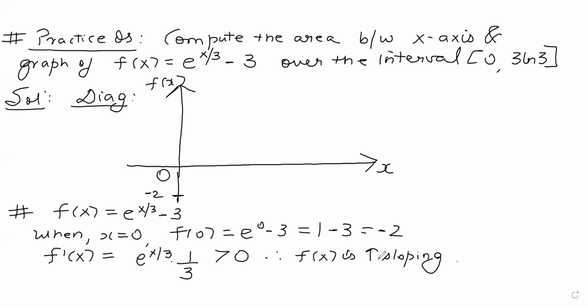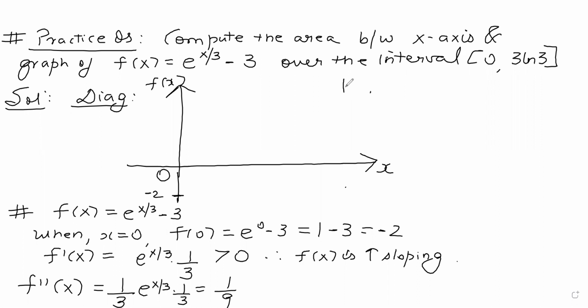Then guys, how do we check whether the curve is concave or convex? That means we now need to comment on the curvature. Is it concave or convex? For that, we find the double derivative f double dash x. If I differentiate f dash x again, 1 upon 3 e to the power x by 3 into 1 upon 3, which is 1 upon 9 e to the power x by 3.